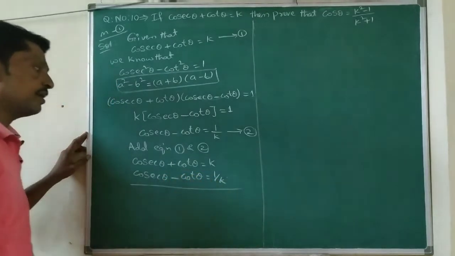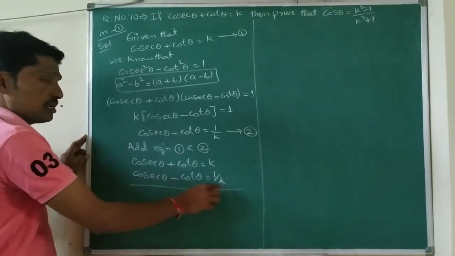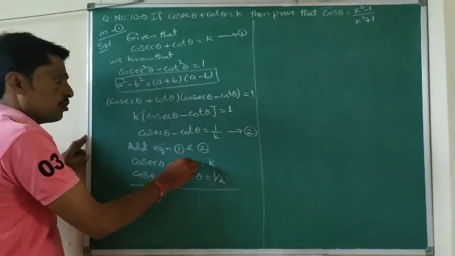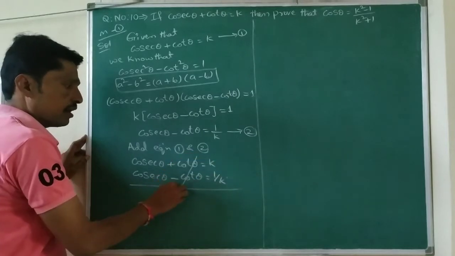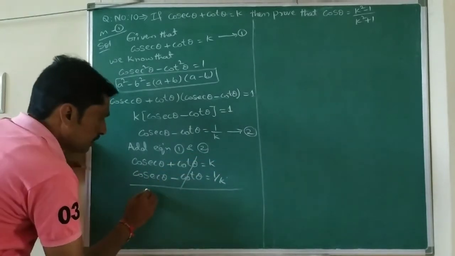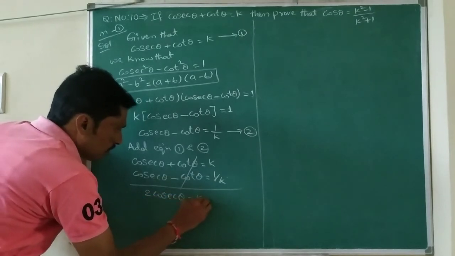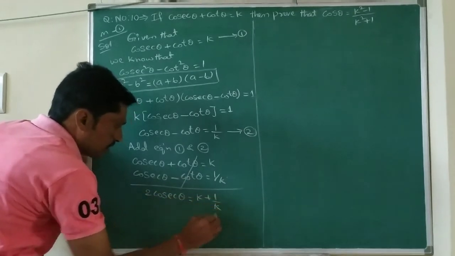Now we are adding, so directly we can cancel. Subtracting means we need to change the signs, but here we are adding. So cosec theta plus cosec theta, 2 cosec theta equals k plus 1 by k, we are getting.